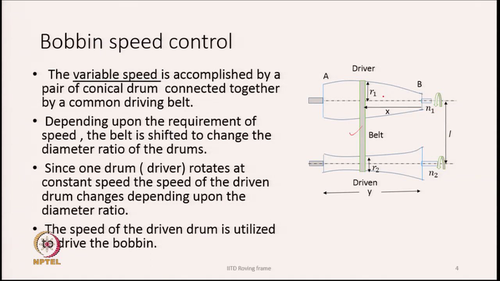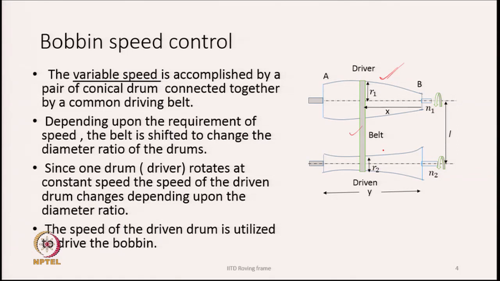Since one drum, the driver drum, rotates at a constant speed, the driven drum speed changes depending upon where the belt is located. Speed of the top drum, in this case the driver drum, is always fixed and constant. So, the bottom drum speed will keep on changing depending upon the location of the belt.